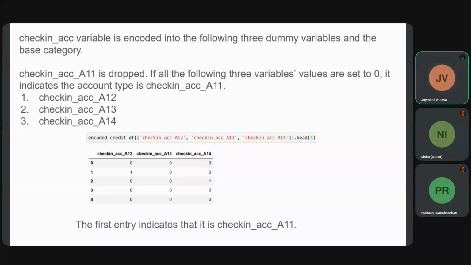You can see this when we print the first 5 values of the dummy variables that we have created. The first value itself can be inferred as A11 if it's none of them.